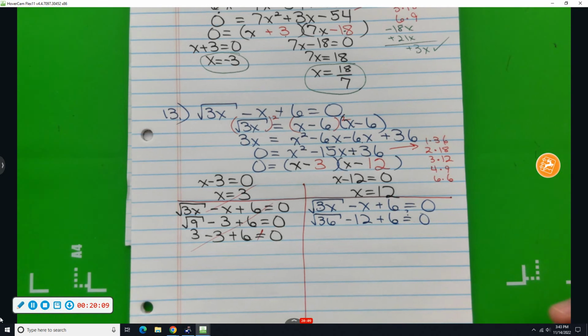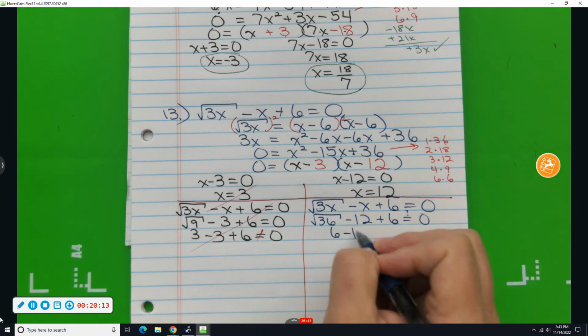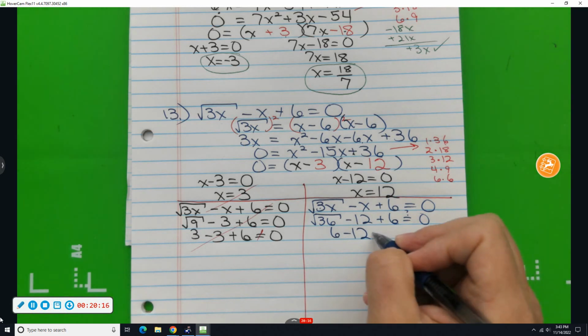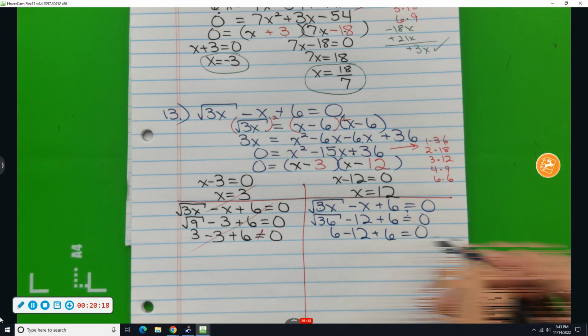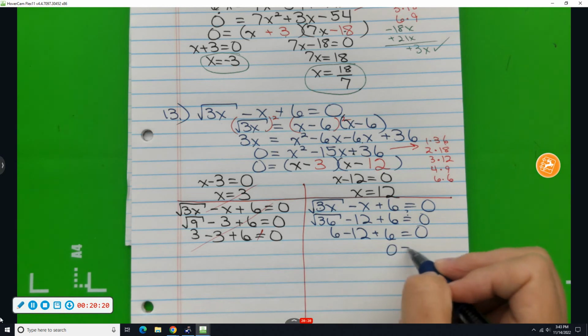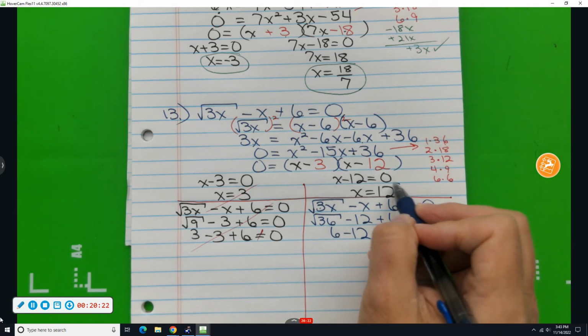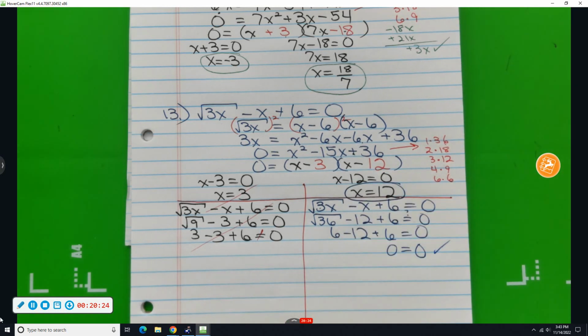Will that equal 0? 6 minus 12 is a negative 6, plus 6. Does that equal 0? Yes, it does. So 12 checks. 3 didn't check, but 12 checks.